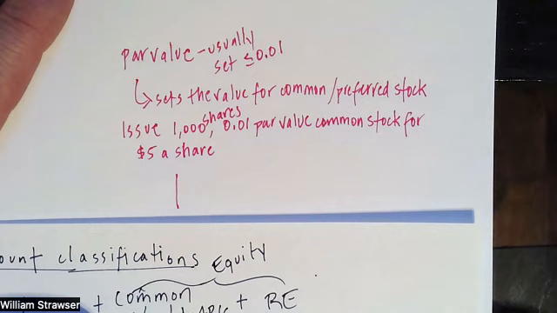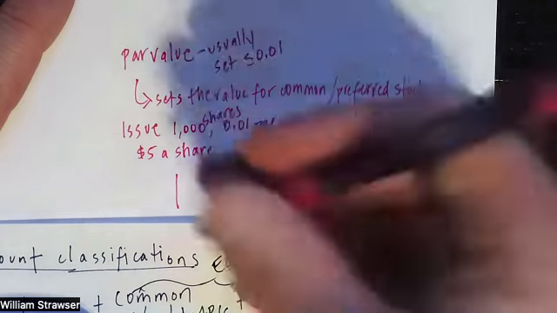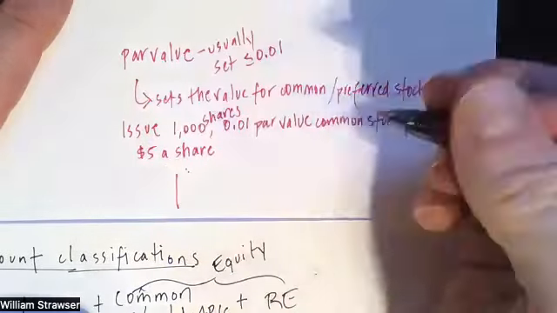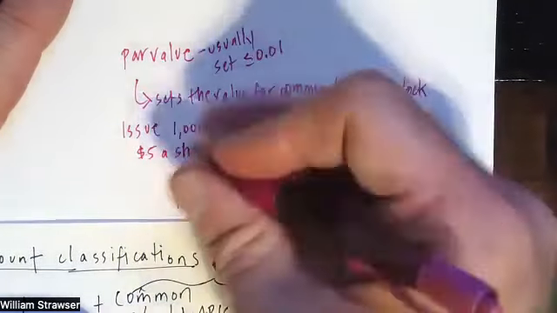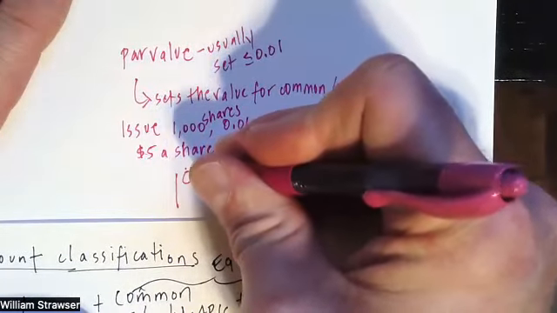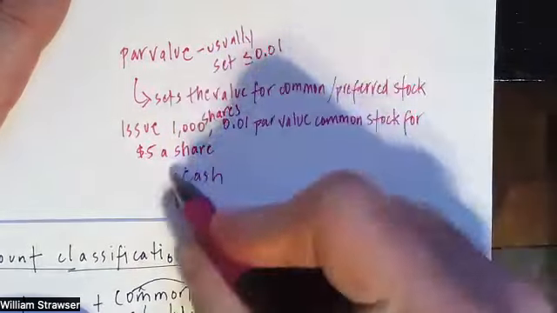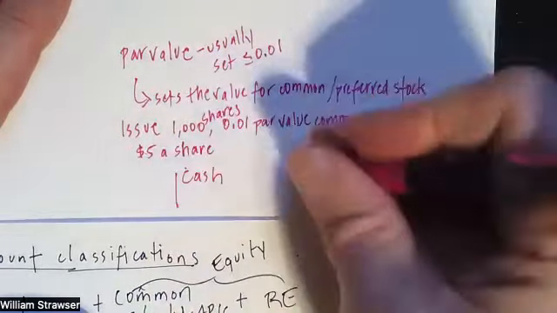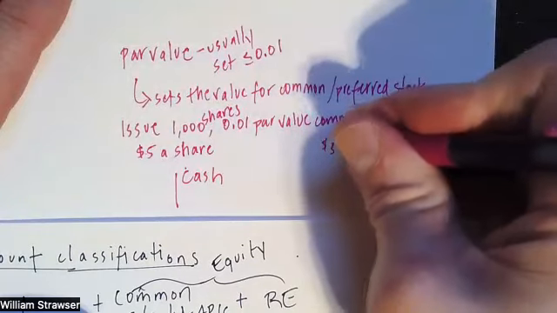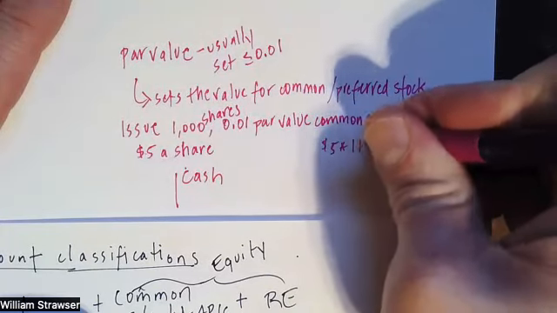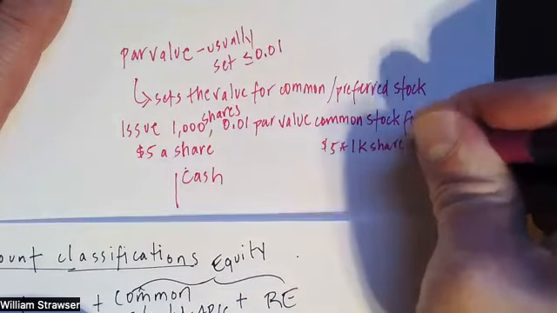Adjusting entries, closing entries don't necessarily follow that. But in this case, we're getting, right? If we sold them, cash. So we debit cash. And we're going to debit cash $5 a share for 1,000 shares. Then that is $5,000.